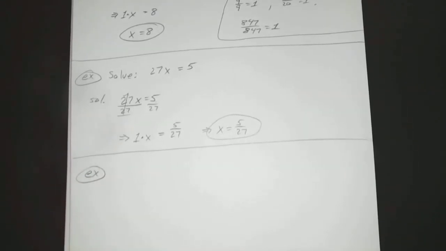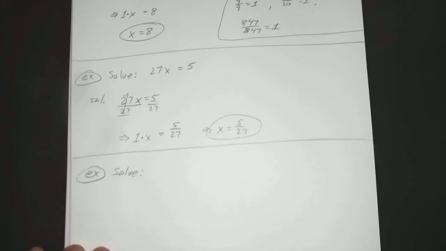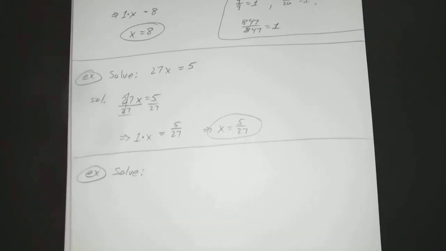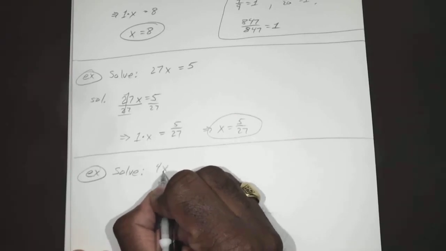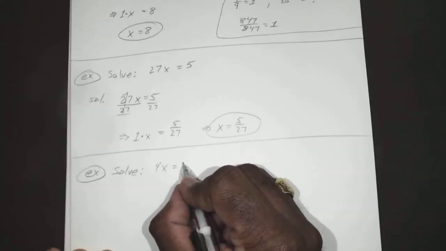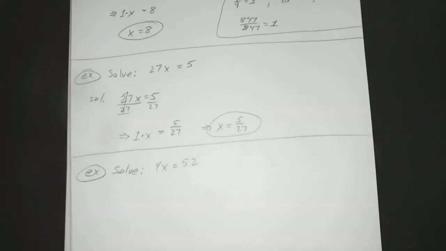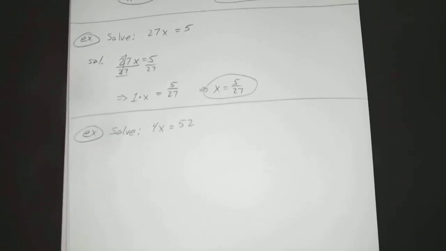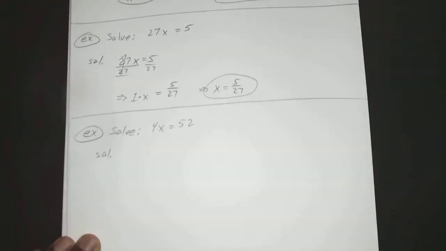Okay, so for the next one, let's say if you wanted to solve 4x equals 52. Okay.